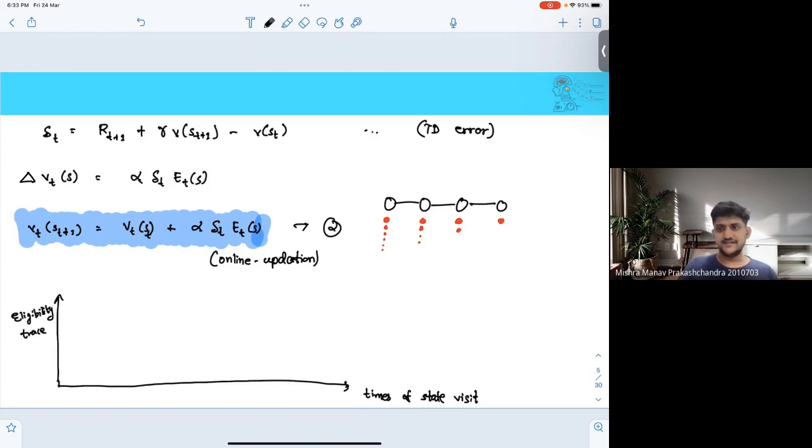Similarly, the moment I encounter a stimulus, this gets a value of 1. Let's say this is 1, this is 0, and this was 1.